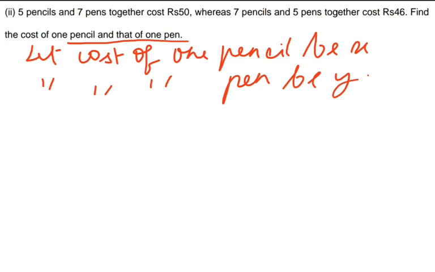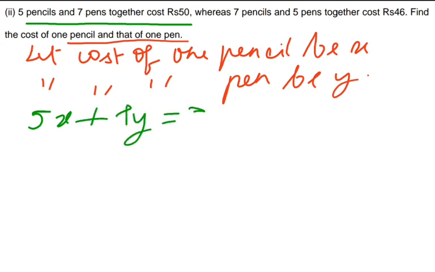Now the first one, they are saying that 5 pencils and 7 pens cost rupees 50. That is, the cost of one pencil we are taking as x and the cost of one pen to be y. So 5 into the cost of one pencil, that is x, plus 7 into the cost of one pen, that is y, is equal to 50. This is our first equation. Now the second part.